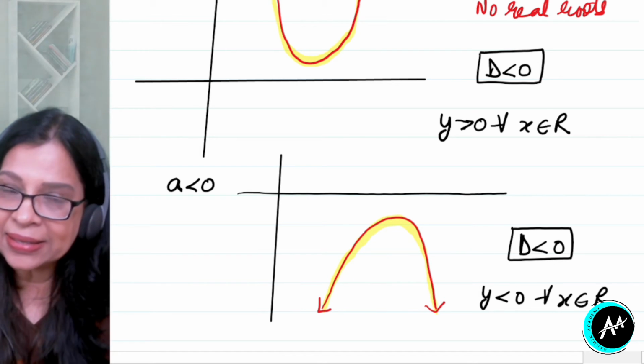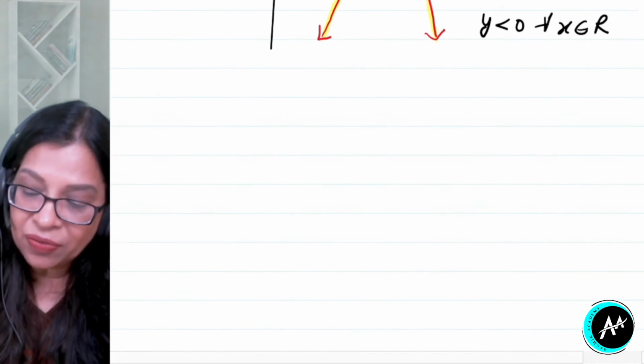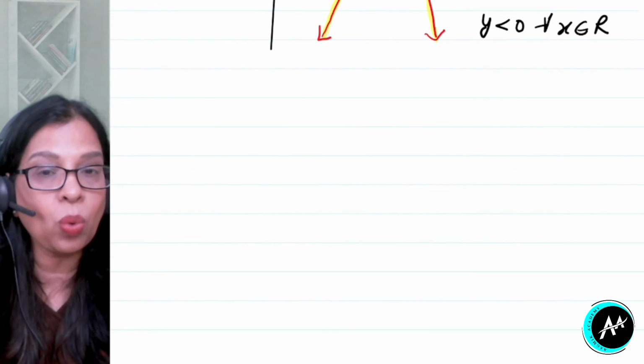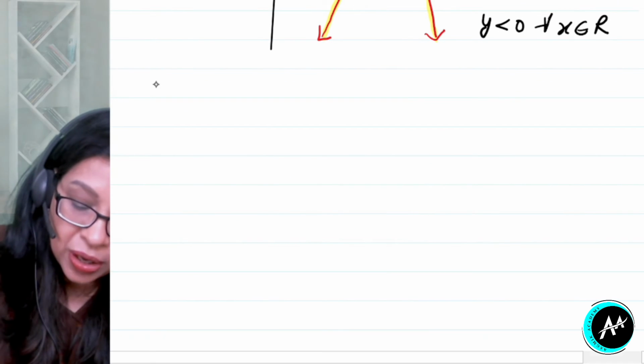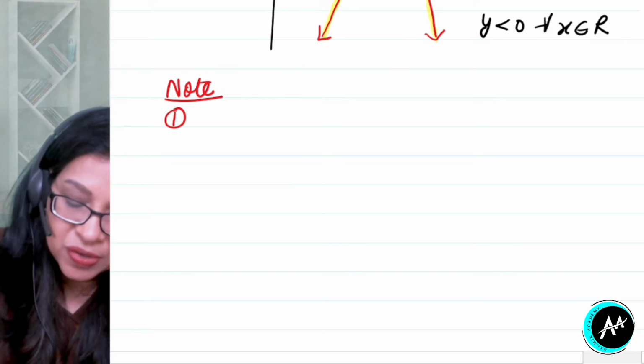Now as I said, this case 3 we are going to write in two different ways, so that whenever we get a question we know that what is to be applied. So in the note, let me take the first point.